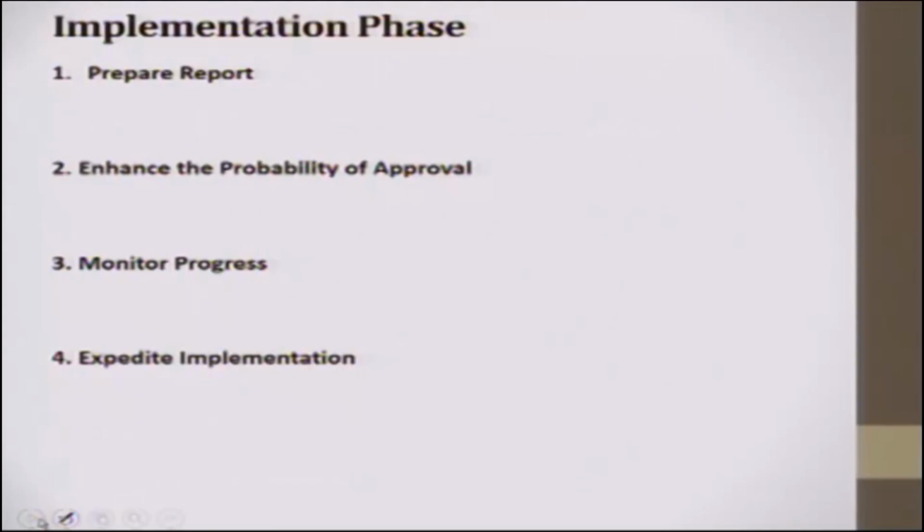Now next I have here is the implementation phase. The first step here is to prepare a report. This report has to be a written report. The oral presentation is also helpful, but a written report is required for the decision maker to see the facts.